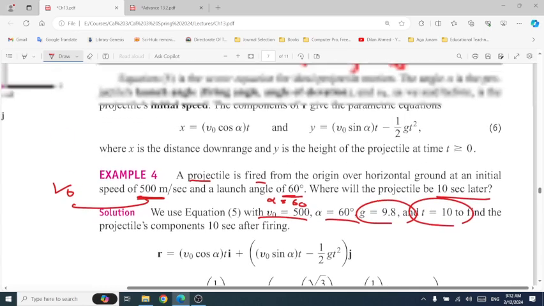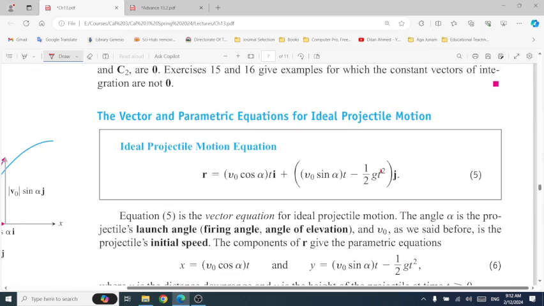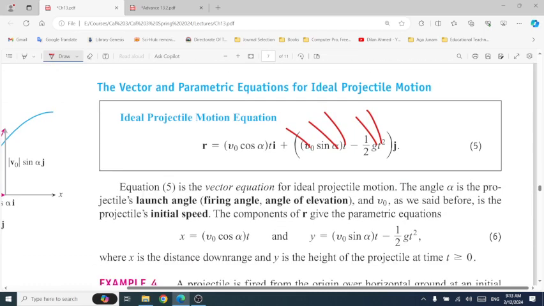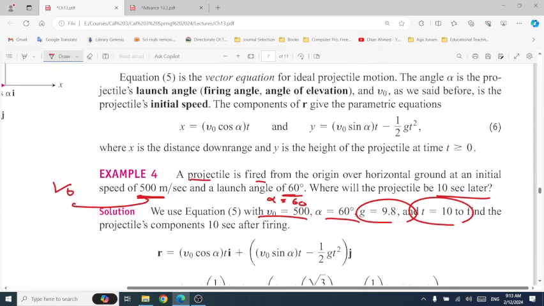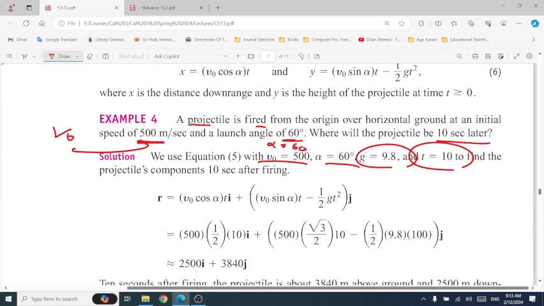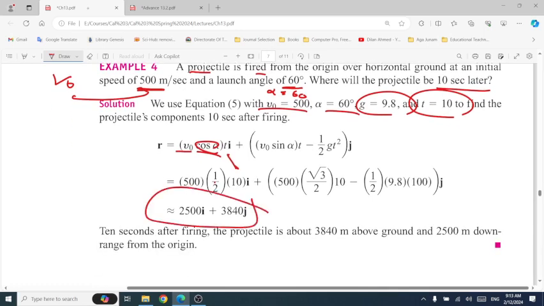Everything is given. Just put in the rule. Cosine of 60 is equal to 1 over 2, and t is 10, then you'll get something like that.